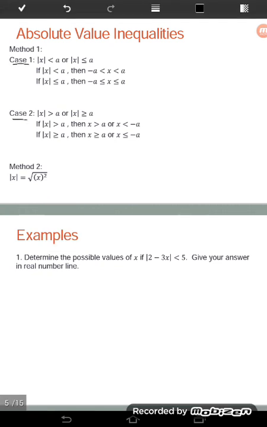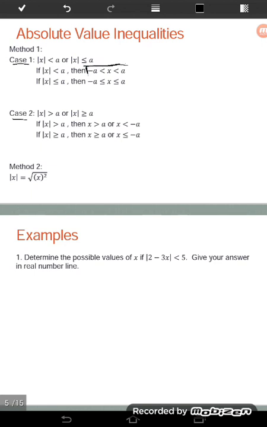Kita ada dua case. Okay, sebab inequalities ni dia ada dua benda, satu lagi kecil, satu lagi besar. So case 1 for smaller than or smaller than and equal to. So if smaller than, you can calculate the answer for this one like this.